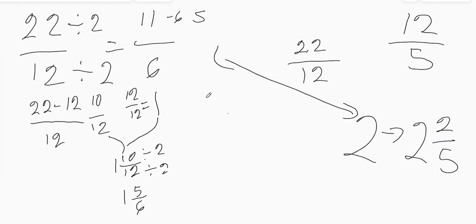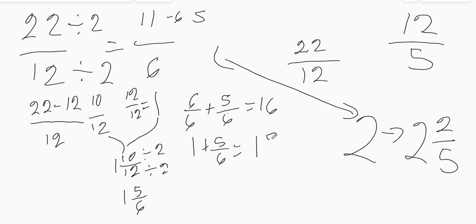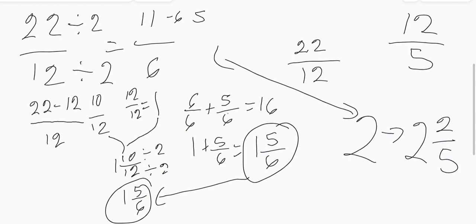So you would have 6 over 6, which would be plus 5 over 6, because that's what would have equaled the 11 over 6. Now 6 over 6 is 1. So 1 plus 5 over 6 is 1 and 5 over 6. Notice how this answer and this answer are the same.